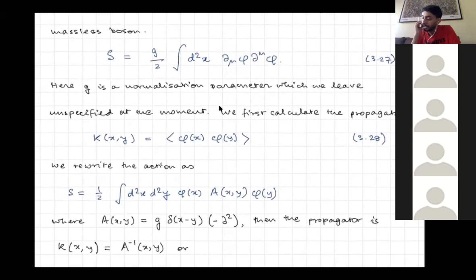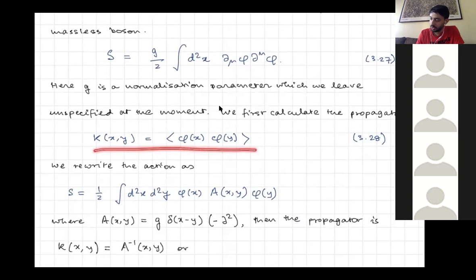And this next part, I'm going to be going a little fast, in the sense that we're going to calculate the propagator. I am assuming that a lot of you are going to be familiar with this. If you are not, it's in your best interest to look at this. So let me just very quickly go through this. We are interested in phi of x, phi of y. How do you do this?